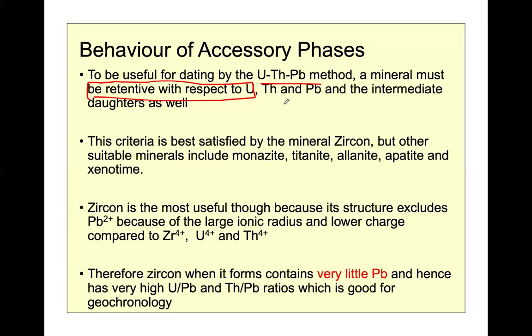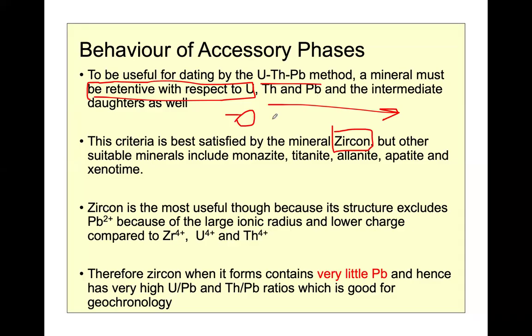Even during the intermediate decay schemes, the equilibrium must be maintained. So usually minerals like zircon can satisfy these conditions. That means many minerals cannot resist these external exchanges, right?